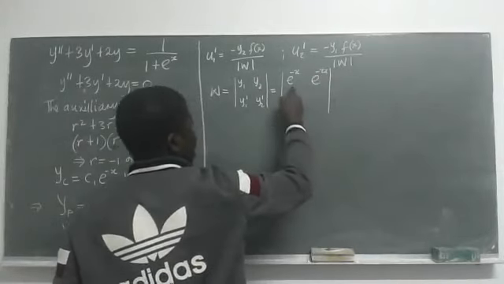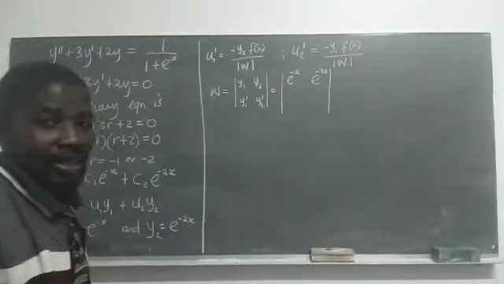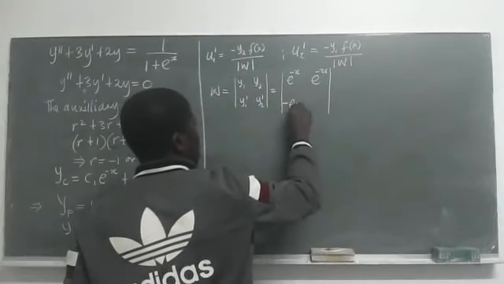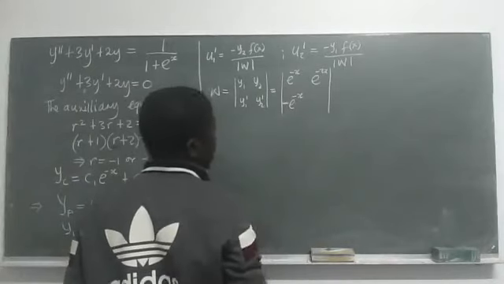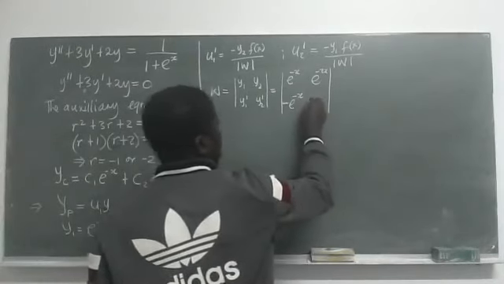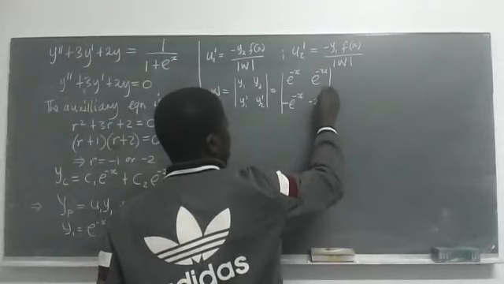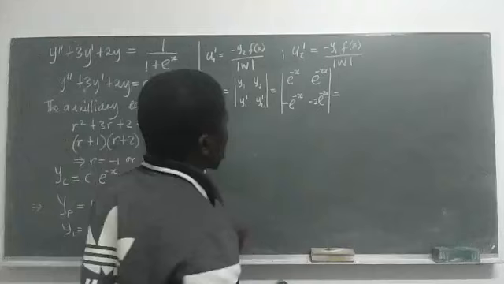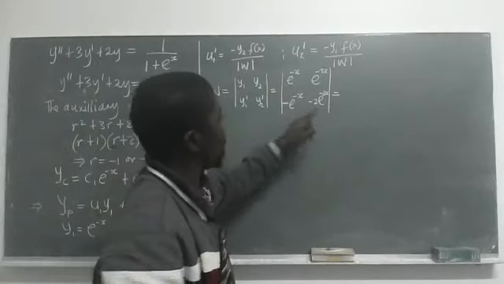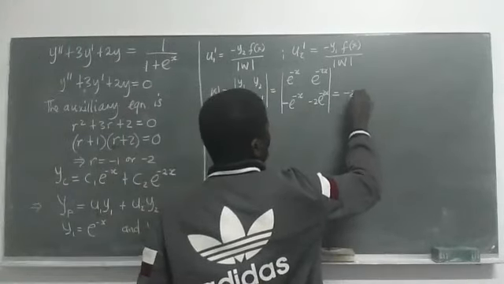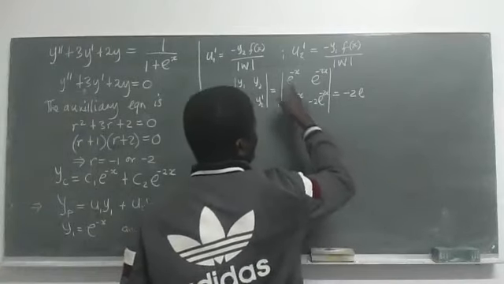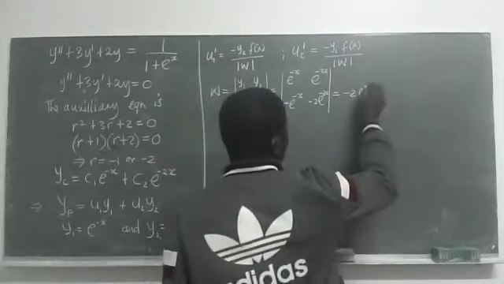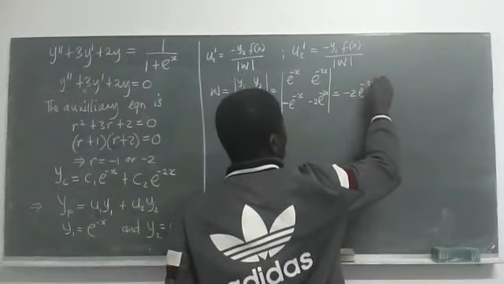Alright, and the derivative of e^(-x) is none other than -e^(-x), and that of course becomes -2e^(-2x) for y2'. If you find the determinant, it's easy. It's this times that: you have -2e to the power, and multiplying, we add the powers, so it becomes -3x.